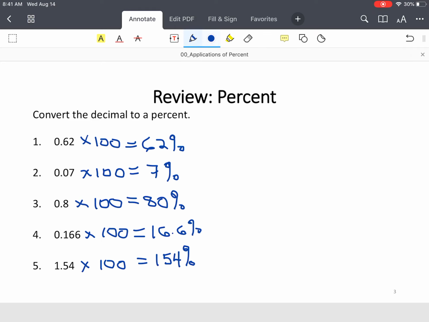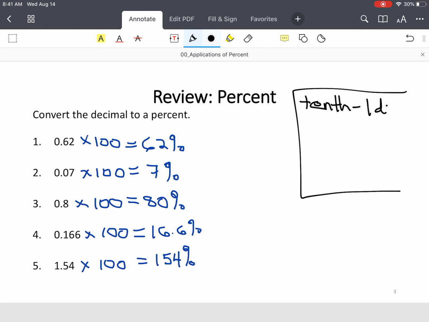All right, and let's add some notes here. So let's put on the side. They say 10th, 1 decimal place. 100th, 2 decimal places.